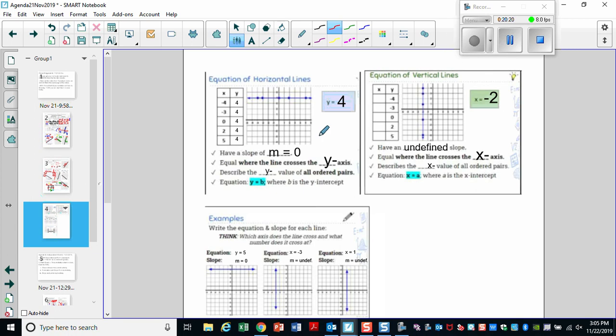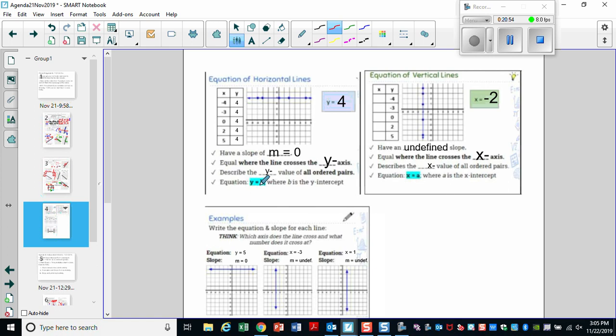Now, horizontal and vertical lines. We talked about this earlier this week. Equation of a horizontal line, y equals whichever number such that the line crosses the y-axis. So in this case, y equals 4 because look at our x's. The y-coordinate for all of these x values is 4. So that's a horizontal line. A horizontal line has a slope of 0. And we describe the y value for all the ordered pairs.